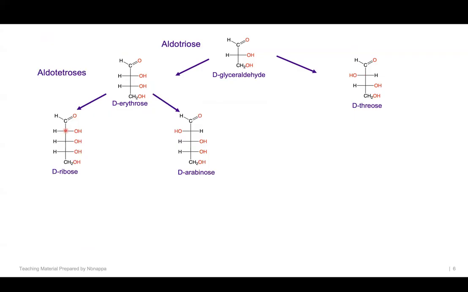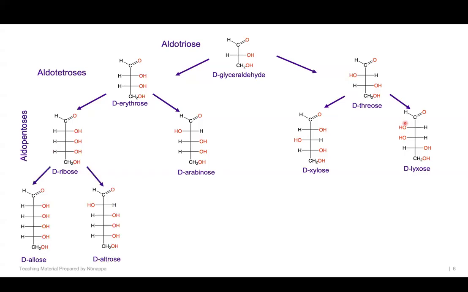Now each of these will give you, remember, only the newly added chiral center hydroxyl group position has changed. Now we can continue further, 2 from this, so that will give you this. Once again, this backbone remains the same, and only the hydroxyl group position is different. This is the pentose, and when we go to hexose, each of these, because here now all hydroxyl groups are on the same side.